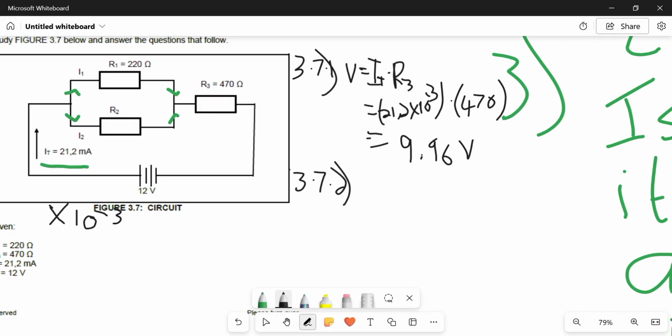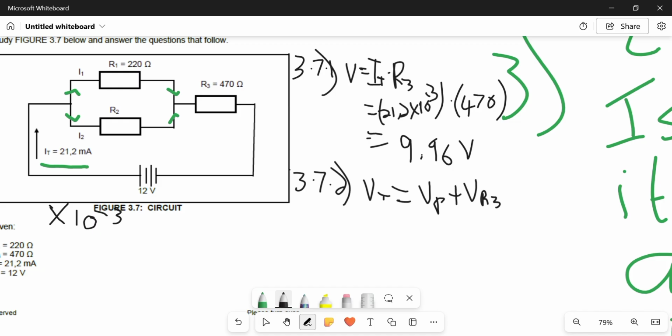Remember, V parallel is connected in series with R3, so the V total equals the V parallel plus V at R3.